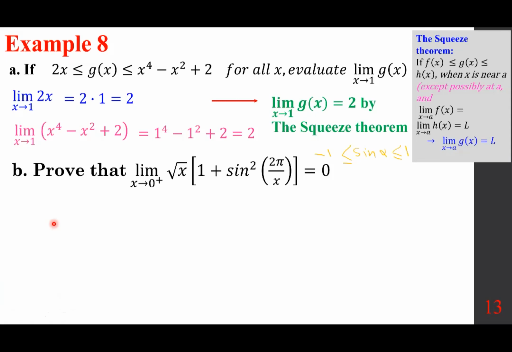In other words, that's the range. So the same thing for whatever the argument of sine is. In this case, this argument is alpha. So sine of 2 pi over x is also between -1 and 1. So this is by the fact that the range for sine is between -1 and 1.